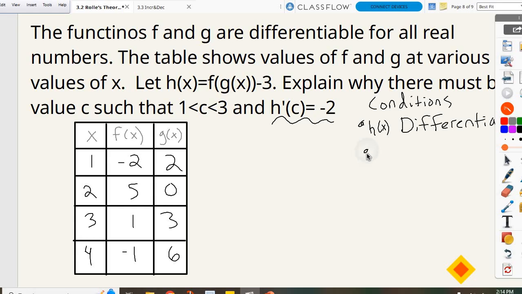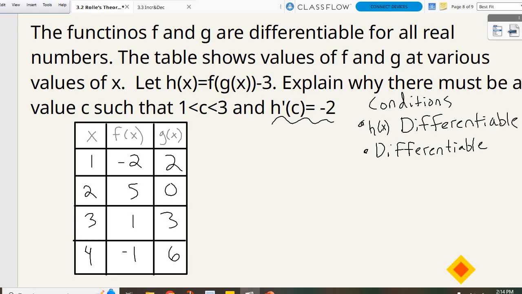So remember that differentiability implies continuity. So h of x must also be continuous. Yes?